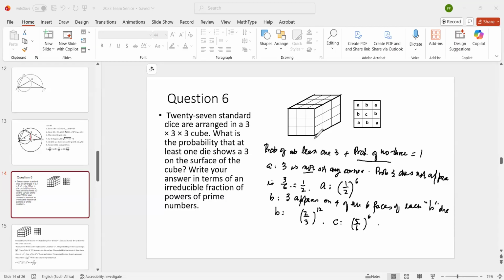9 at the top, 9 at the bottom. That makes 18. And then there are 8 corners.